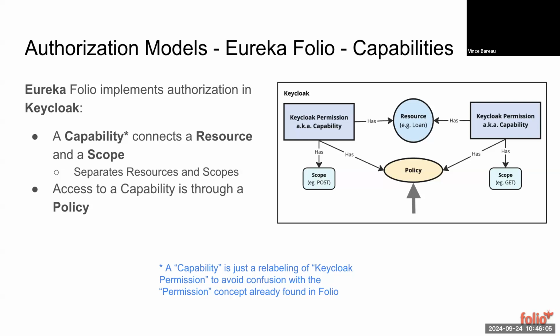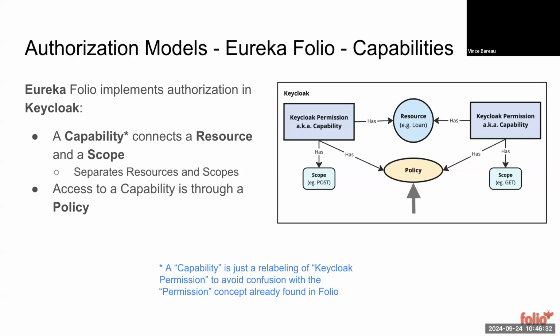In this example, a loan, and a scope, which is the action that says this Keycloak permission is going to allow me to create a loan record in the database. But obviously, the first problem is, this is confusing because we've already got something called permissions and it works differently. So we're calling them capabilities. This is just a term we've introduced to distinguish them. It's essentially a Keycloak permission.